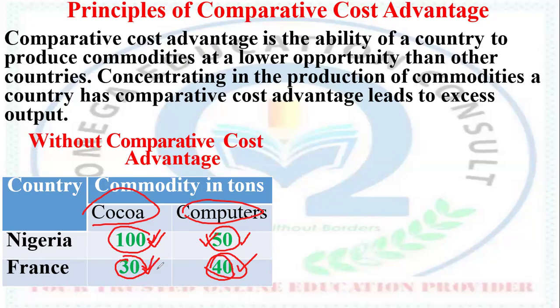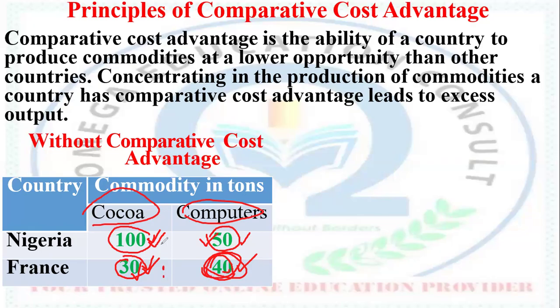So now let's establish the opportunity cost of production of cocoa by France. If France produces cocoa, it will have to forgo 40 tons of computers. And that is very, very high. So we produce 30 and forgo 40. If France produces 40 tons of computers, it will have to forgo only 30 tons of cocoa.